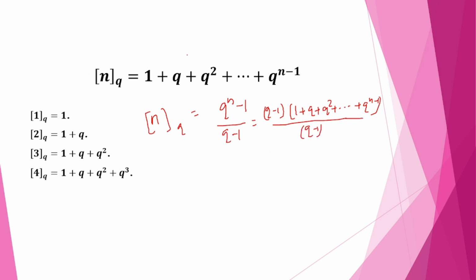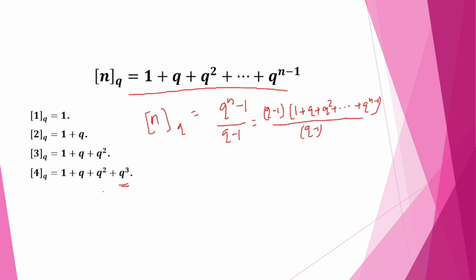Now if you solve it, you will get this expression. Now depending on the value of n, we will get the expression. So 1q will be 1, 2q will be 1 plus q, 3q will be 1 plus q square, 4q will be 1 plus q square plus cube. That means whatever n we have, it goes up to the n minus 1 power.